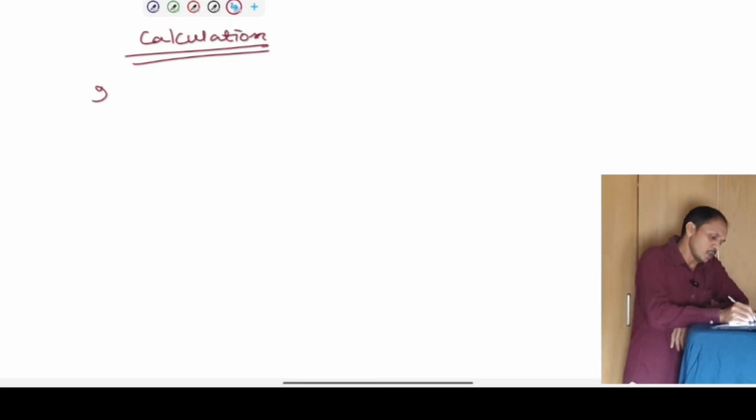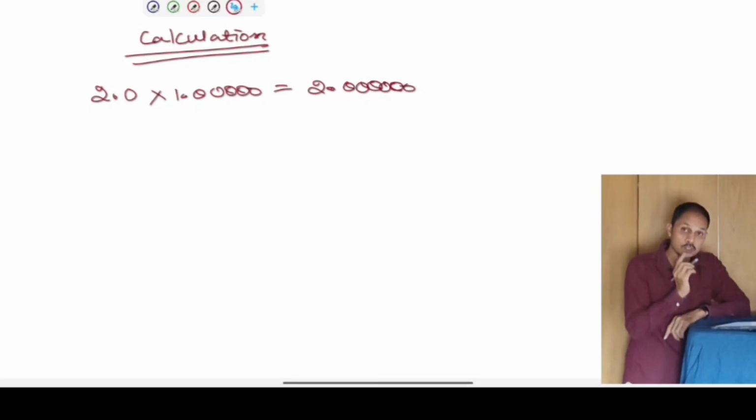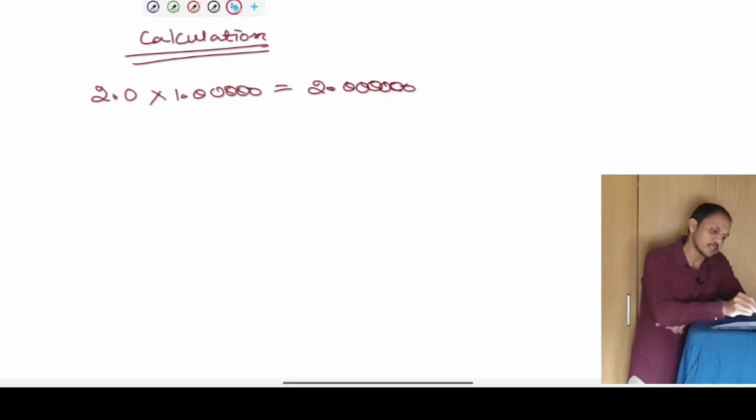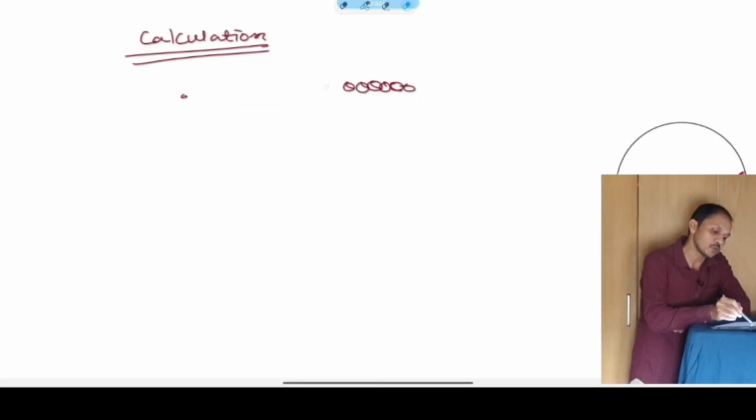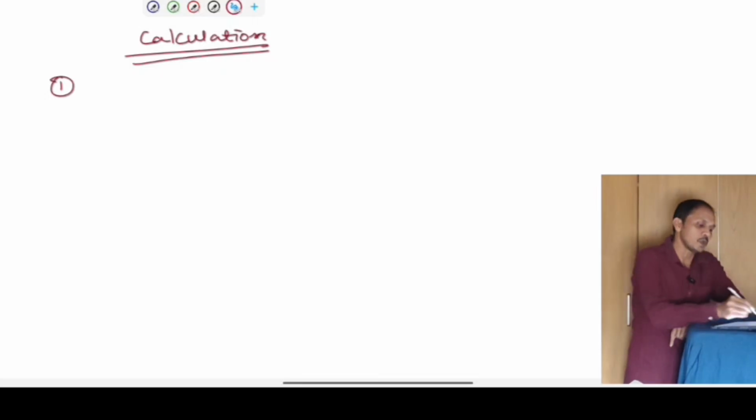So for example, if you get 2.0 into 1.0000005 zeros, let us say, the actual answer is 2.6 zeros will come. But according to significant rules, we cannot write like this. Okay, now let us see what are those rules and how should we write this. Let's see one by one. First rule. Simple.